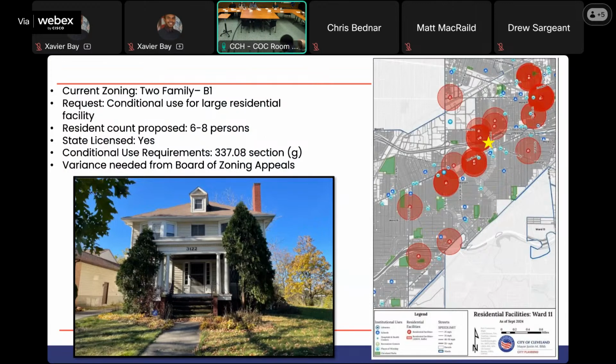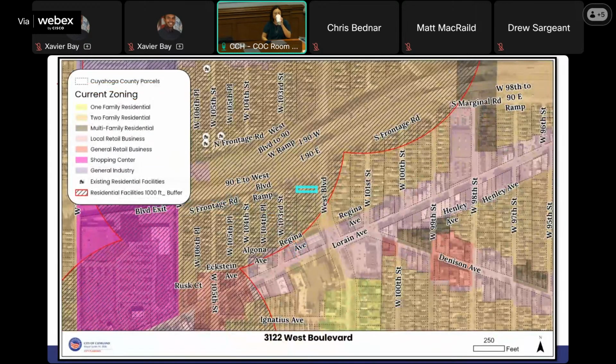There are a rather large amount of residential facilities in this general proximity.